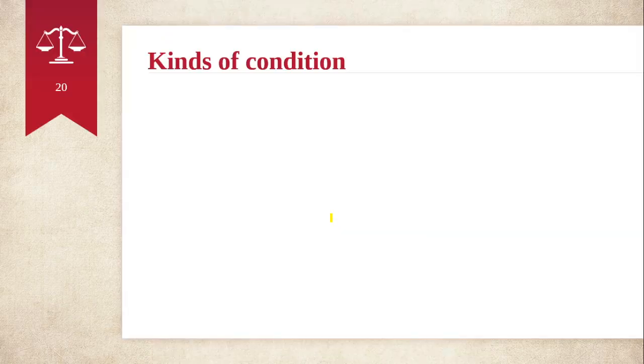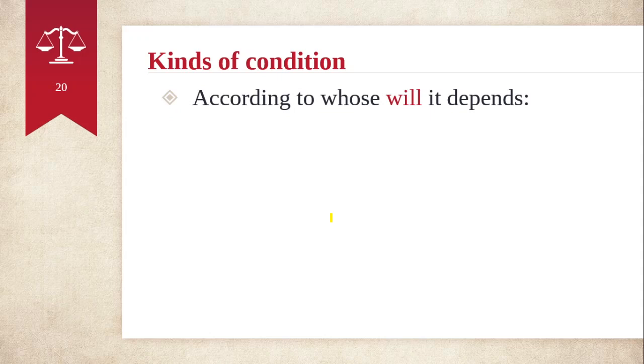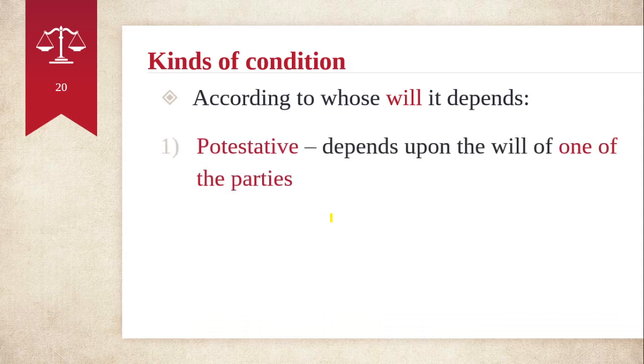Ano-ano po ba yung kinds of condition? First, according to whose will it depends. First, we have potestative. Kanina, we talked about kinds of condition as to effect. Di ba dalawa? Suspensive at saka resolutory. Ito naman, kinds of condition according to whose will it depends.